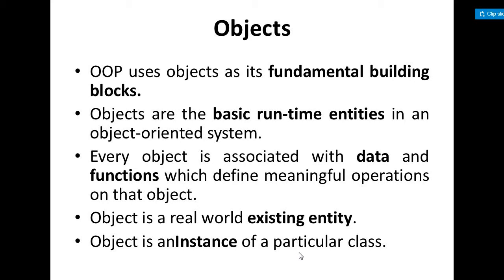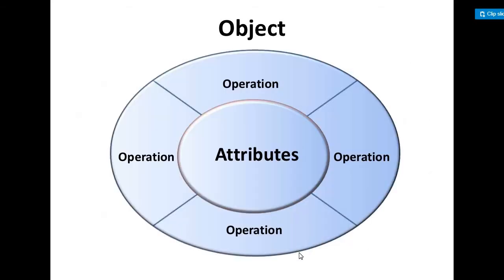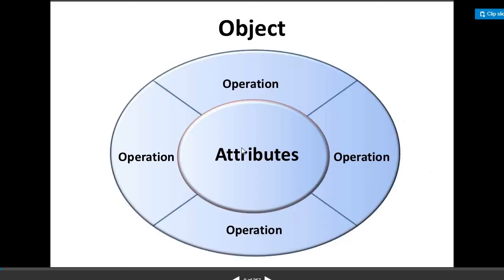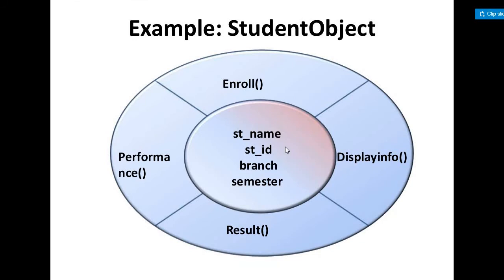So an object is a real world existing entity. We can also define it in terms of class: an object is an instance of a particular class. Now this is an object, with some attributes through which the object is characterized, and some operations, the behaviors of the object. For example, a student object.